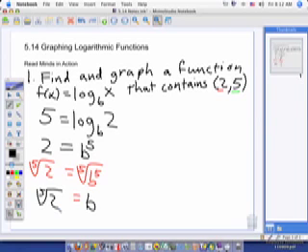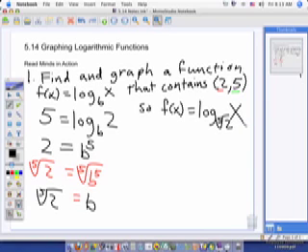So then we have our function. So f of x equals log base 5th root of 2 of x.